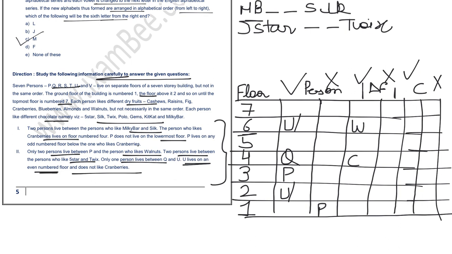If U lives at floor number 2, then also Q will live at floor number 4, and if U lives at floor number 6, then also Q lives on the fourth floor. So we are definite about it. Now we will read the next conditions given to you and complete our table.